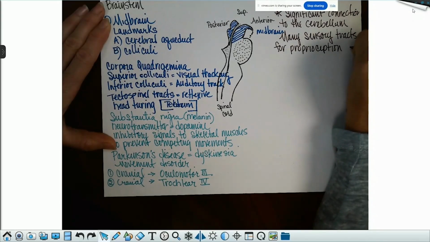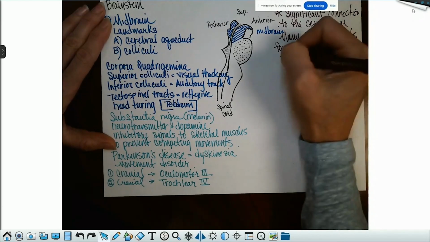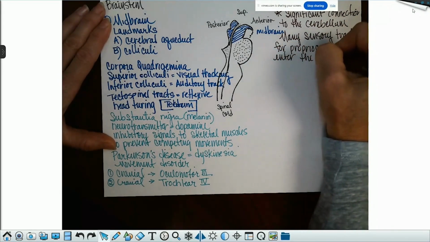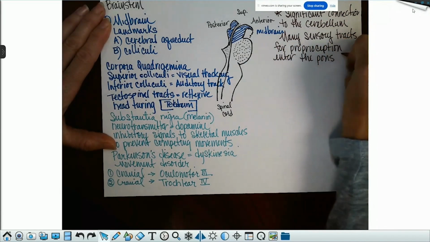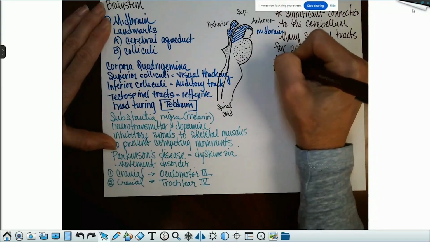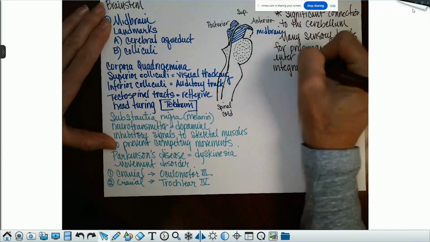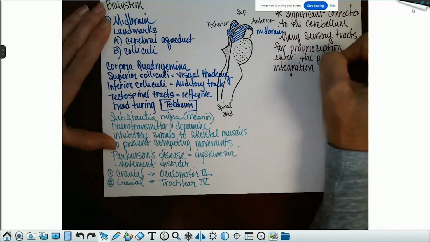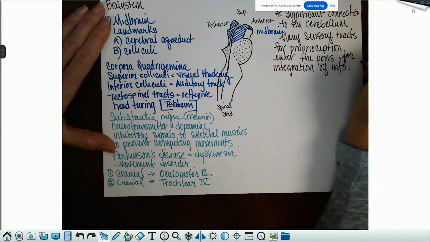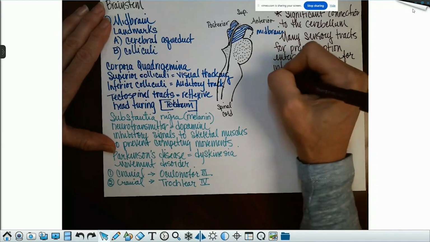Many sensory tracts for proprioception enter the pons for integration. And then it is relayed to the cerebellum.